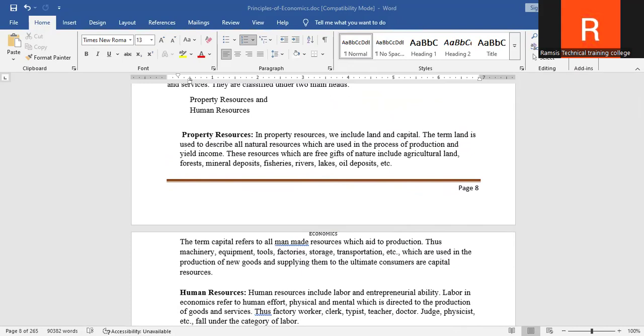At times others classify them into three: natural resources, artificial resources, and human resources.